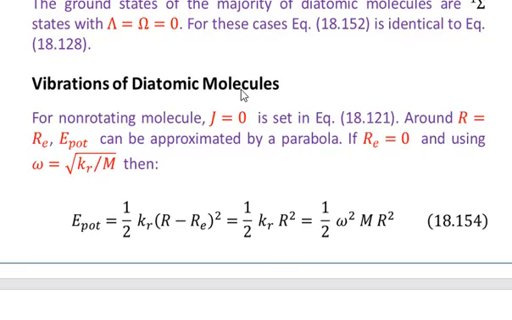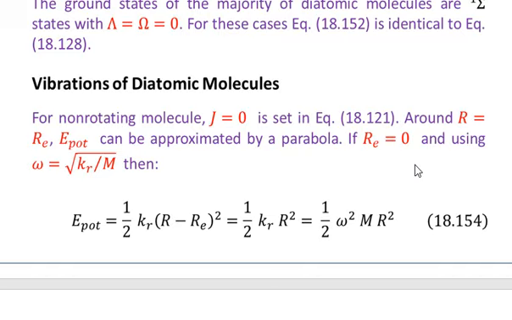Vibrations of diatomic molecules. For a non-rotating molecule, that is if the molecules are not rotating, then J is equal to 0 is set in equation number 121. Around R is equal to Re, the potential can be approximated by a parabola.